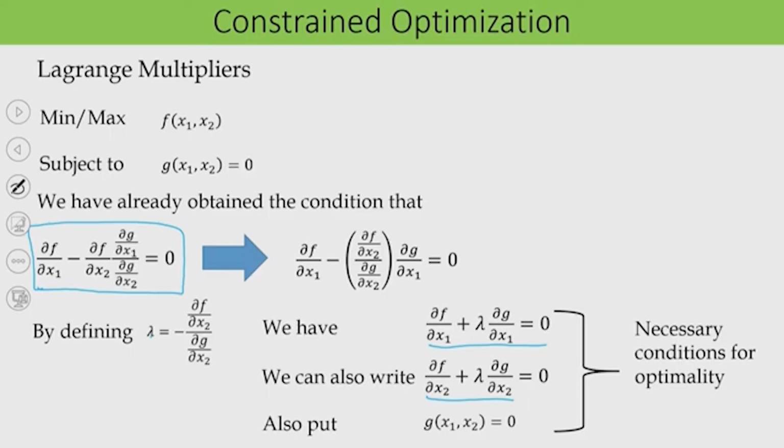So, the necessary conditions for optimality are: del f by del x 1 plus lambda del g by del x 1 equal to 0, del f by del x 2 plus lambda del g by del x 2 equal to 0, and g of x 1 x 2 equal to 0. If I solve these three equations, there are three variables here, that is x 1, x 2 and lambda, and I have three equations.